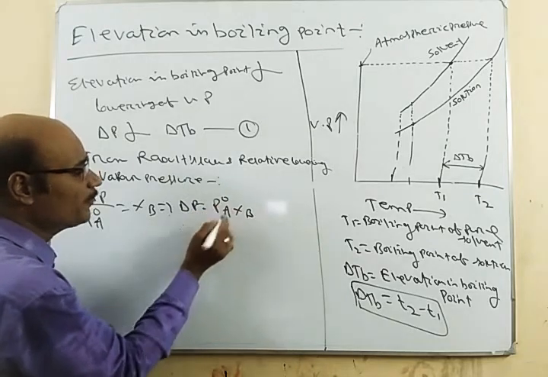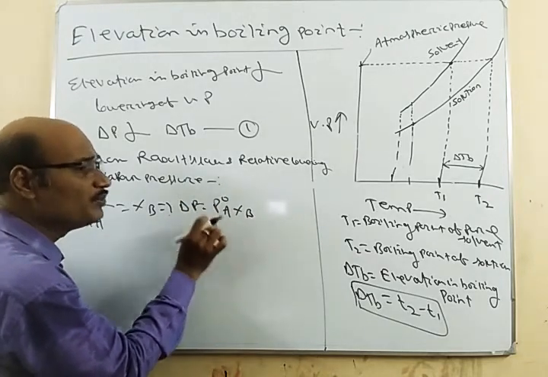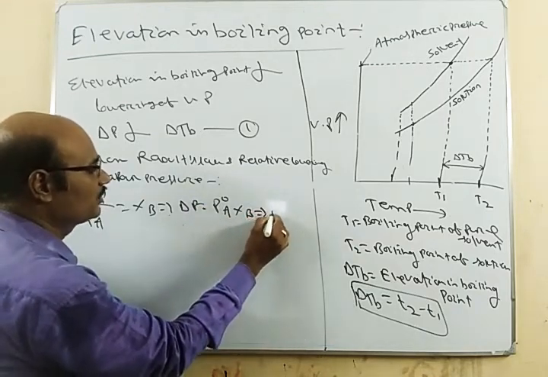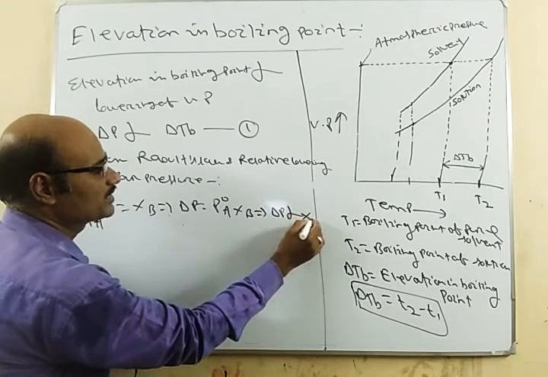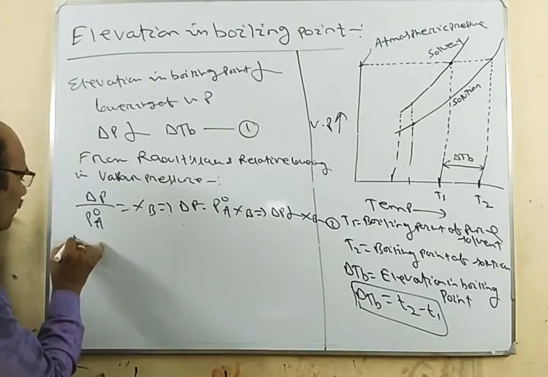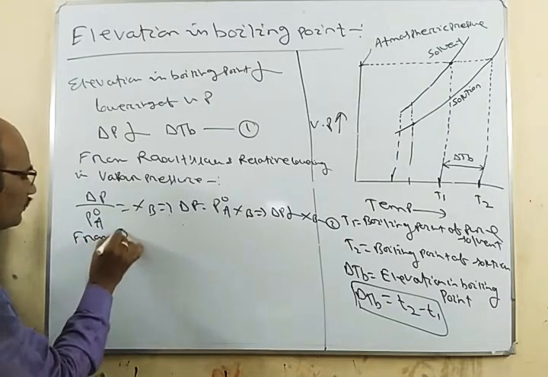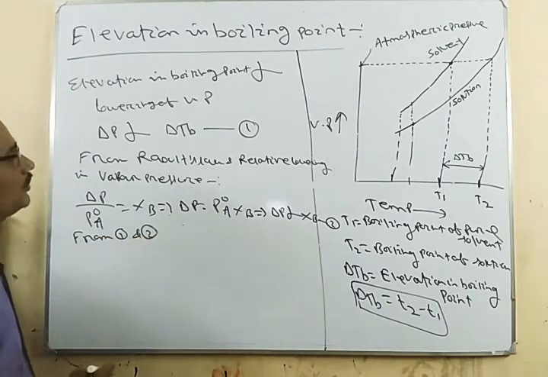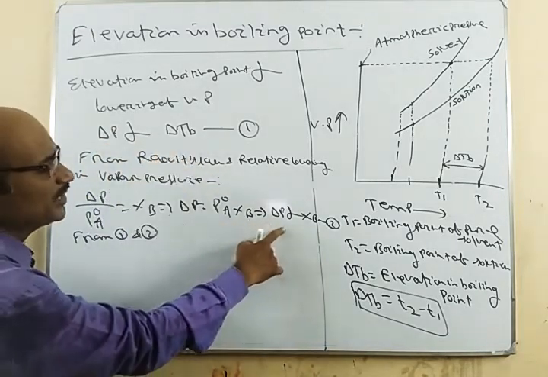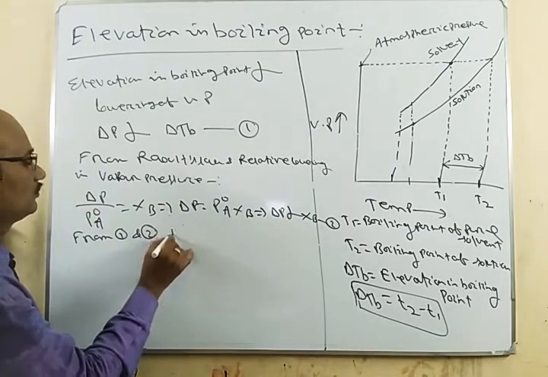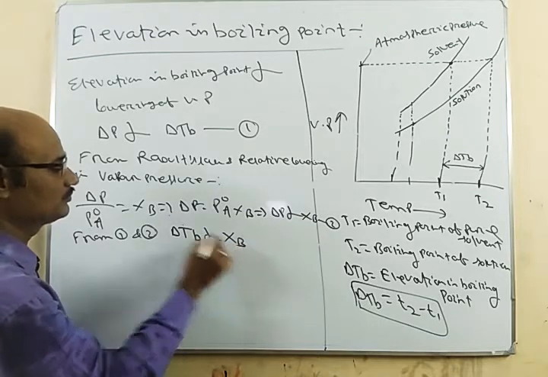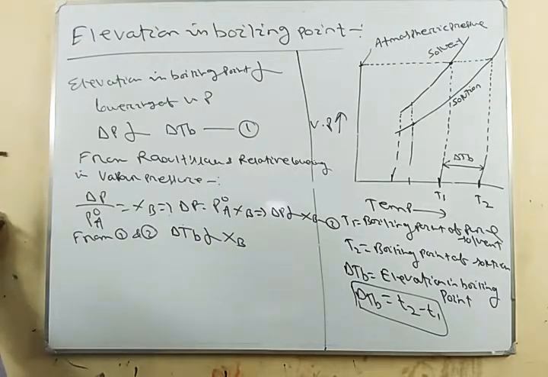But PA0 is the vapor pressure of pure solvent, which is constant. This implies delta P is proportional to XB. Equation 2. So from 1 and 2, delta P is proportional to delta TB, delta P is proportional to XB, therefore delta TB is proportional to XB.